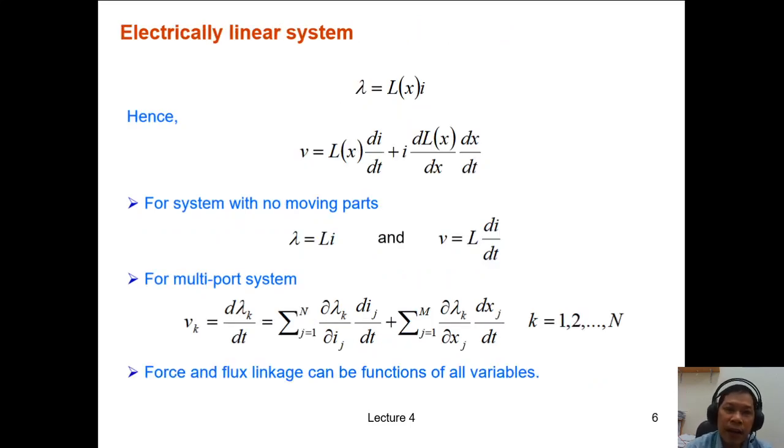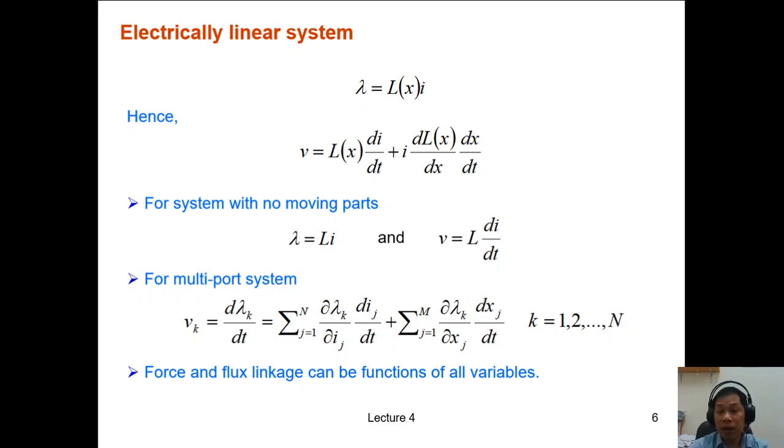Now we define an electrically linear system where we can specify flux linkage as L(x) multiplied by i. So here the self-inductance only depends on the displacement.